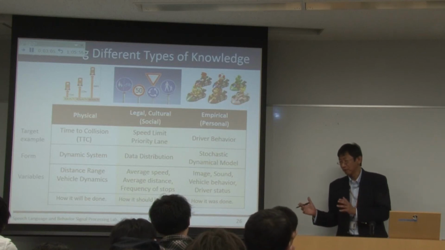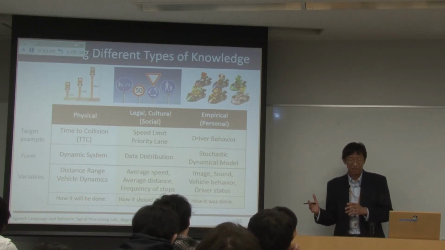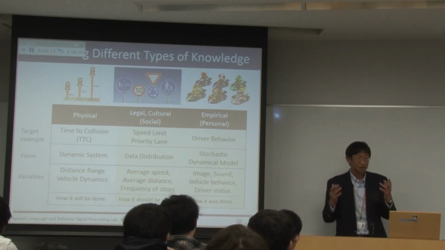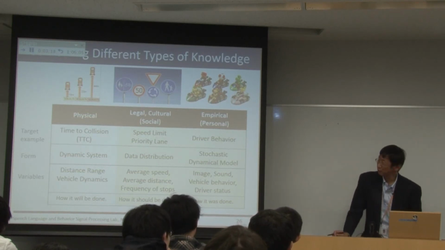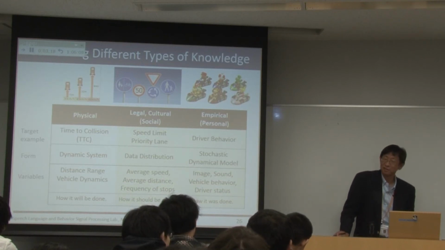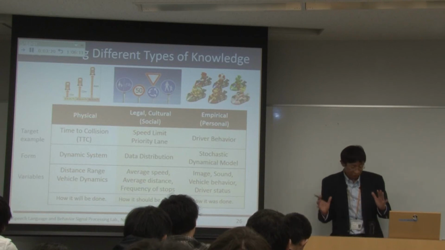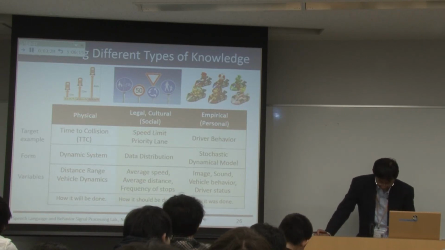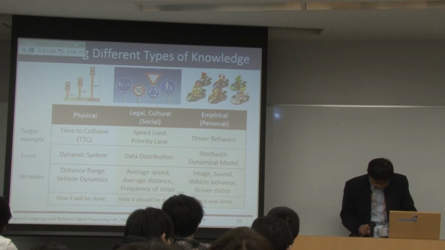And porting the social knowledge should be done only by collecting a huge amount of data associated with our social behaviors. So this is my hypothesis. I wanted to discuss this, but I'm afraid that time is up.